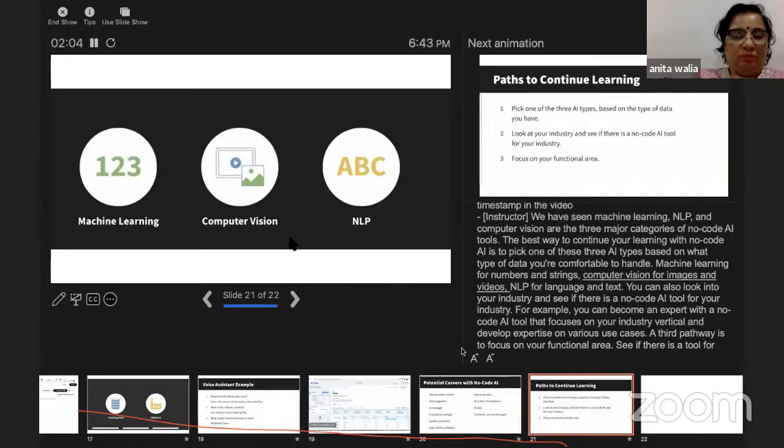I'm just telling you what kind of data works well with which kind of AI tool. So if you are using numbers and data, then you should use machine learning tools.